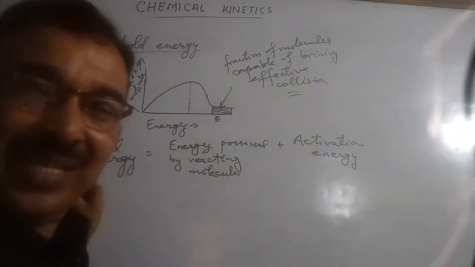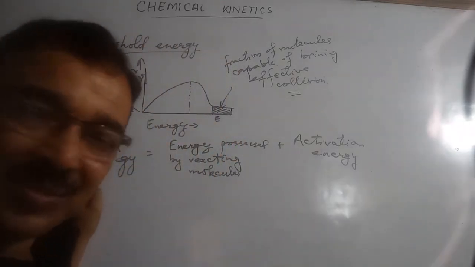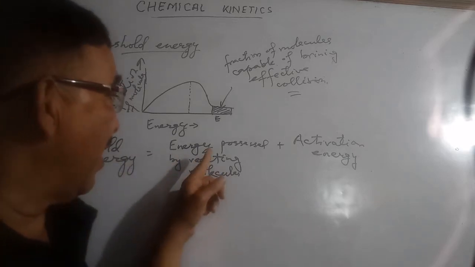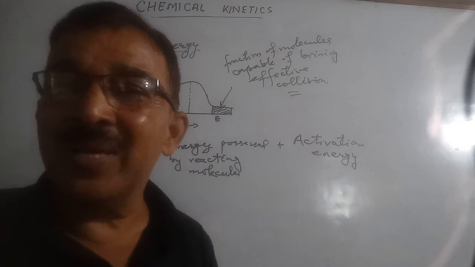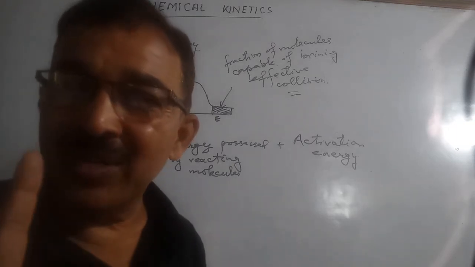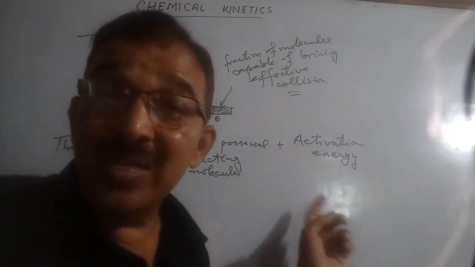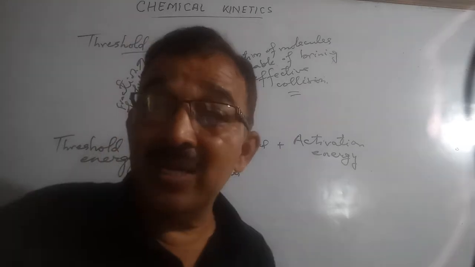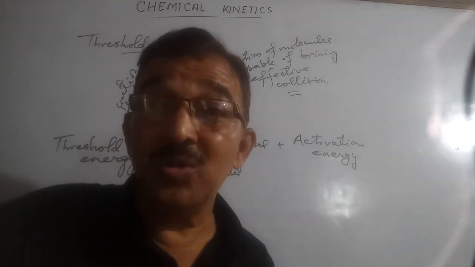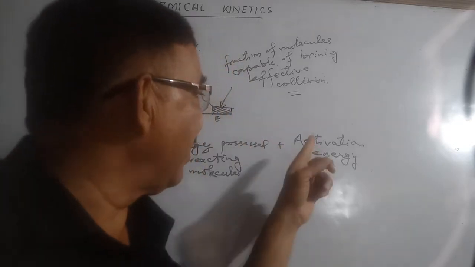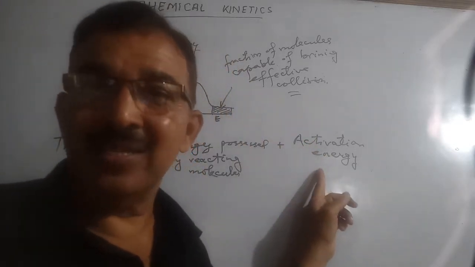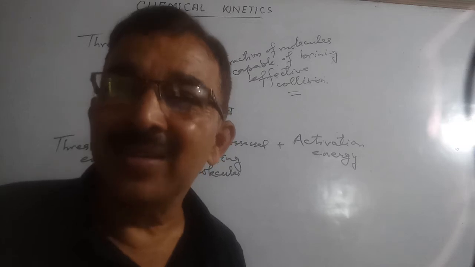So 10 rupees is equivalent to threshold energy, and the energy possessed by reactive molecules is, how much did he have in his pocket? 7 rupees. Then how much is required so that he will be availing auto to reach Birsa Chowk? 3 rupees. And 3 rupees is, in this case, your activation energy.